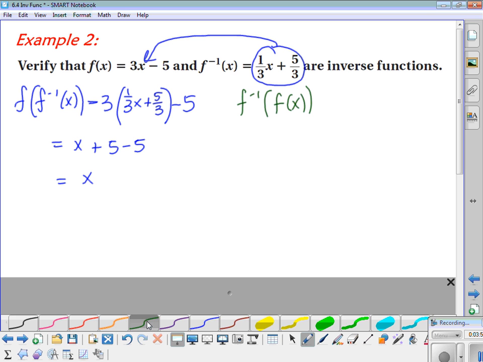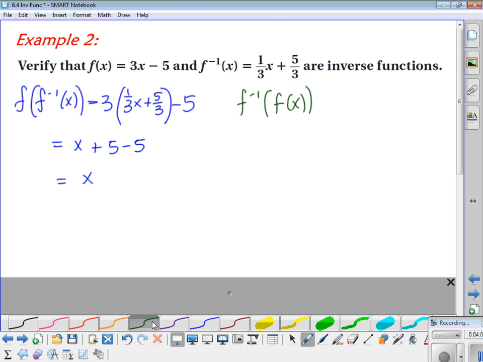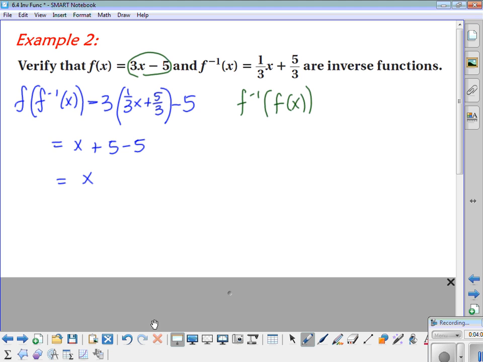And now I'm going to do the opposite. I'm going to go the opposite direction and make sure that it works also. So I'm going to plug 3x minus 5 in for x in the inverse of x. So 1/3 times 3x minus 5 plus 5/3.